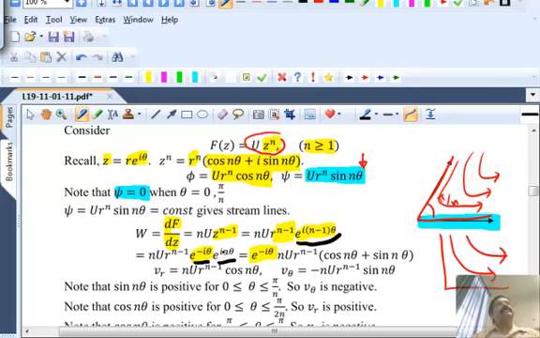Cos n theta plus i sin n theta. So there must be an i there. Okay. And then the real part is cos n theta, cos n theta times n nu r to the power n minus 1. And the imaginary part is sin n theta. That gives you V theta. Okay, so you get Vr and V theta.